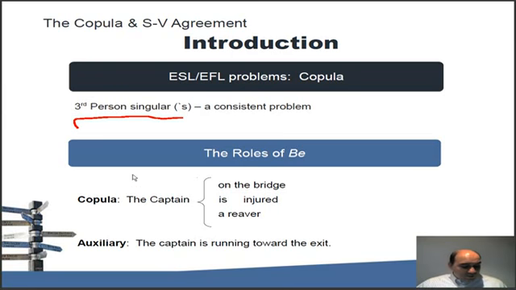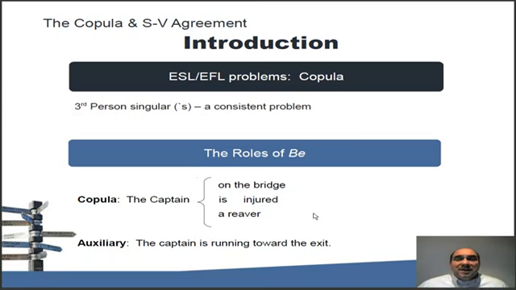They're also going to have some difficulty with separating the different jobs of the be verb. Obviously, it's going to be, again, the copula. It's going to be a verb of state. For example, the captain is on the bridge, the captain is injured, the captain is a reaver. Here's a preposition, here's an adjective, and then here is a noun. Different ways of using this.